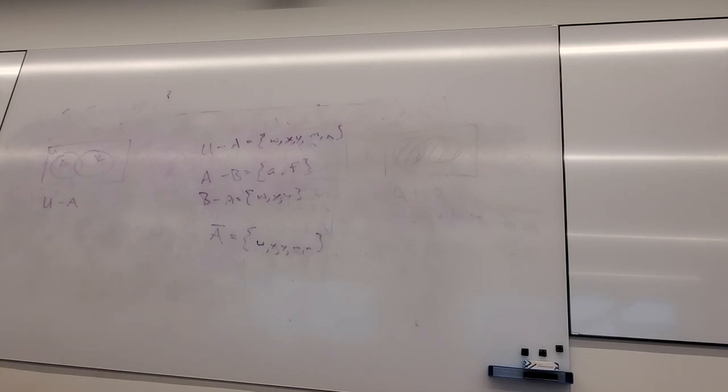So if I said shade in the universe, wouldn't you just shade in the whole box? Minus A. If I say universe minus A, you just don't shade in what? The A circle. So that would be universe minus A, yes? Because A and B are a part of this universe. A is its own circle.